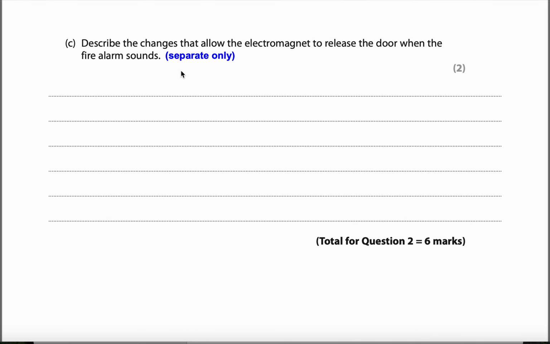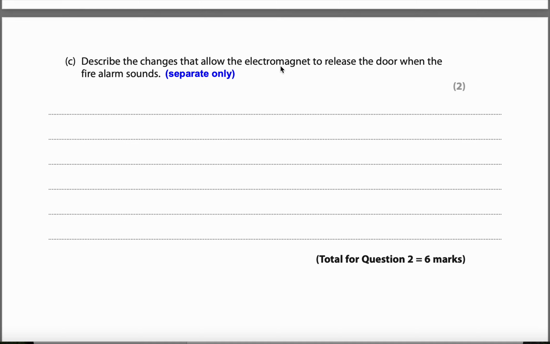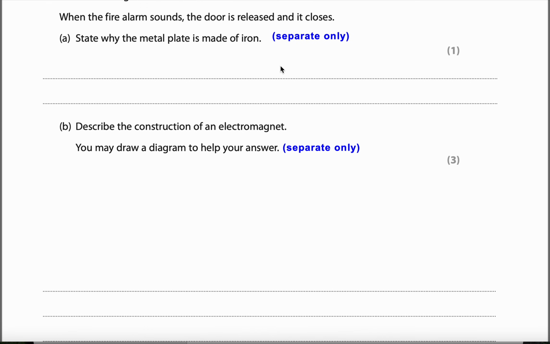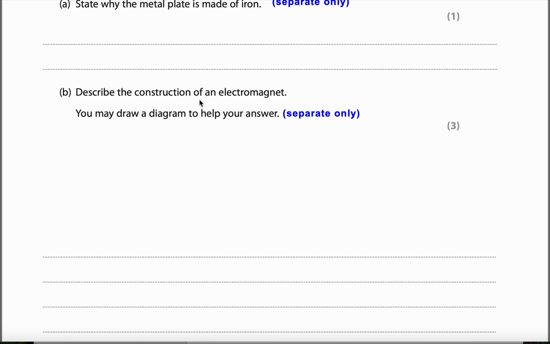And then it says, describe the changes that allow the electromagnet to release the door when the fire alarm sounds. So an electromagnet, as I told you, requires a switch in its construction as well. You need a DC power supply, like a battery or a cell, and a switch, so you can switch the current on and off.